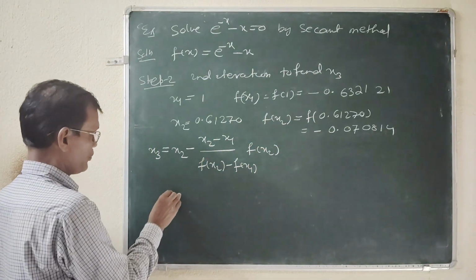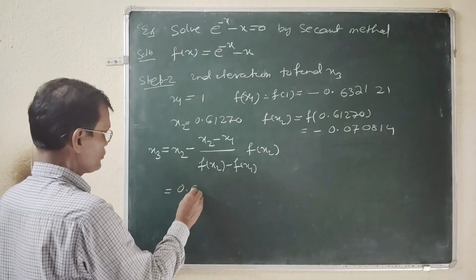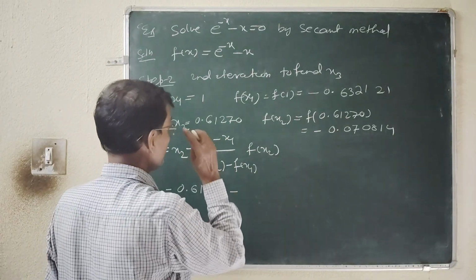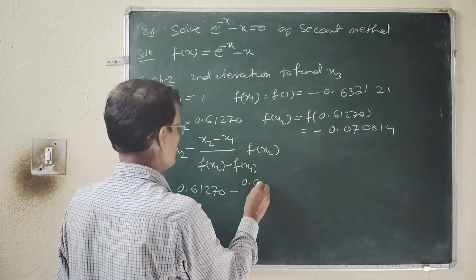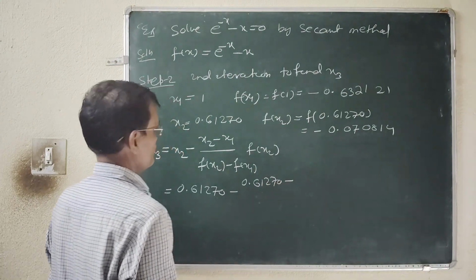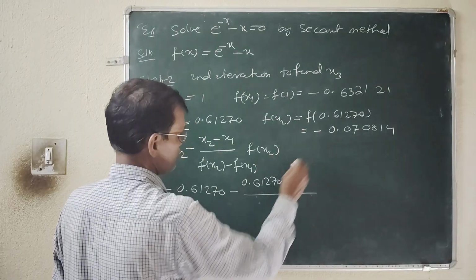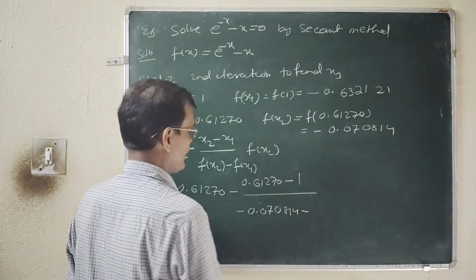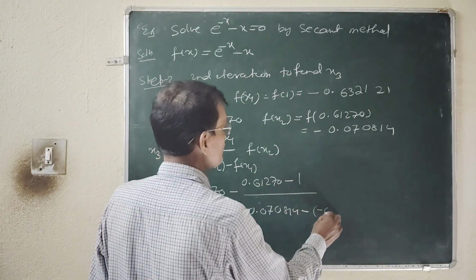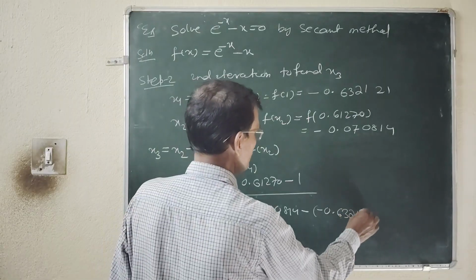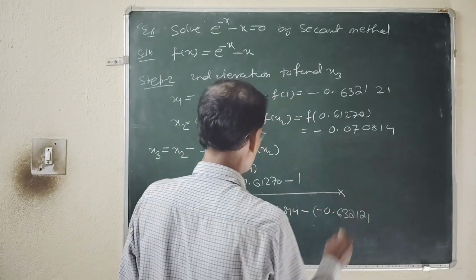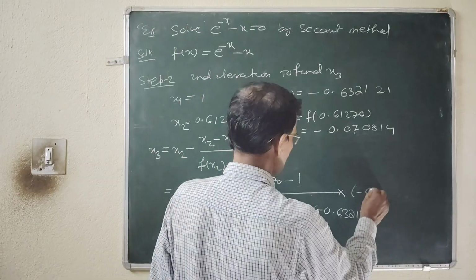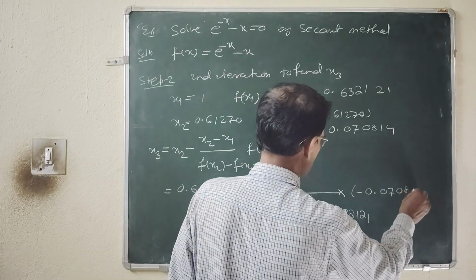Just put in the values: x2 is 0.61270 minus (x2 is 0.61270 minus x1 is 1) by (f of x2, that is minus 0.070814, minus f of 1, that is minus 0.632121) into f of x2, that is minus 0.070814.